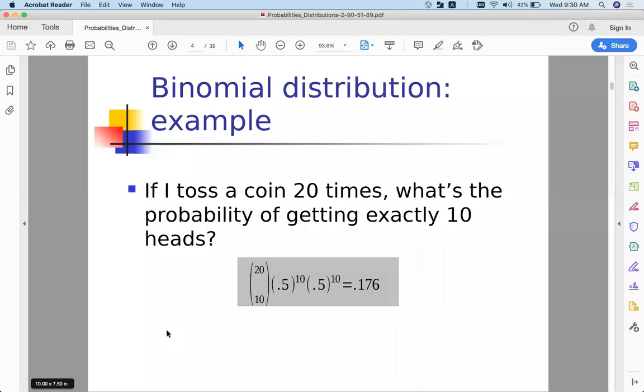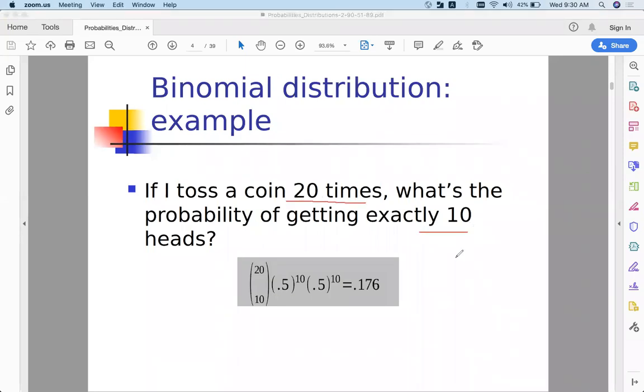Can anyone confirm this? 1-2 persons. If you guys can confirm, I can move to the next slide. One doubt, is it 20C10 or is it 10C20? We are doing combination for 10 heads in 20.